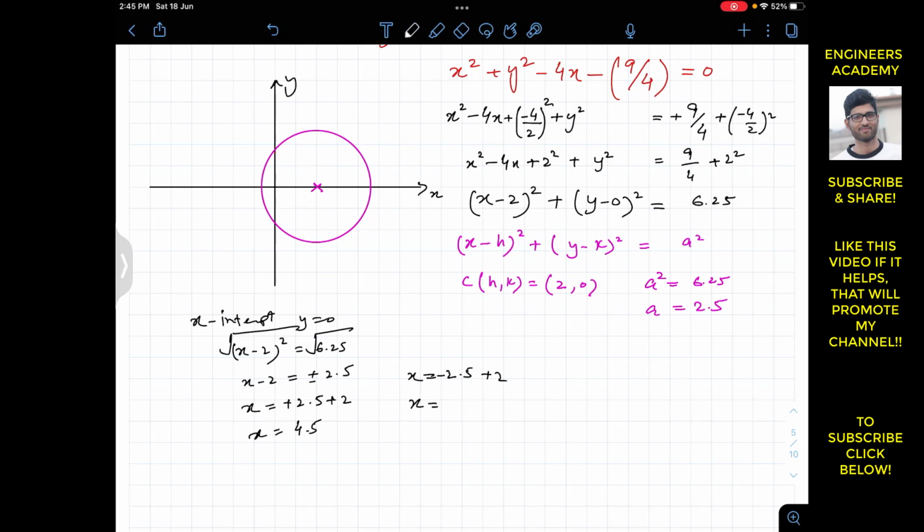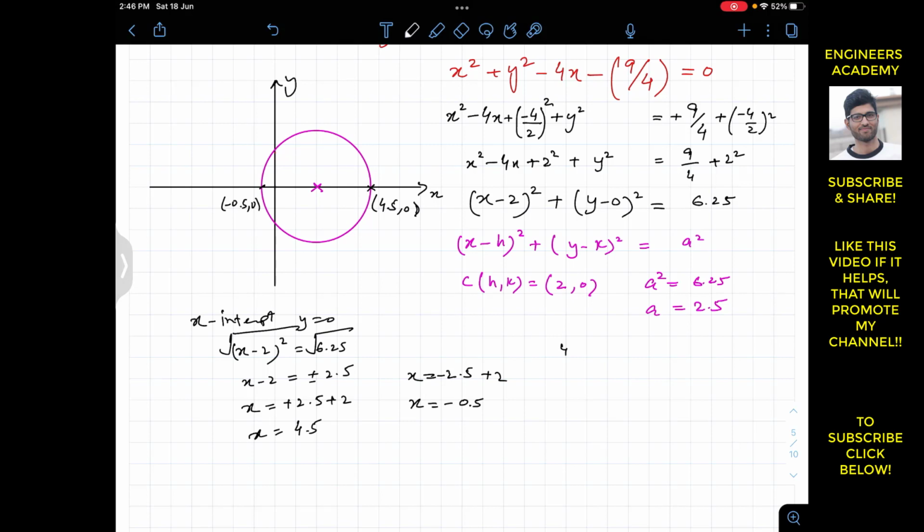Minus 2.5 plus 2 gives us minus 0.5. So as we can see, this is 1, 2, 3, 4 and 4.5. So this is 4.5 and 0, and this is minus 0.5 and 0.